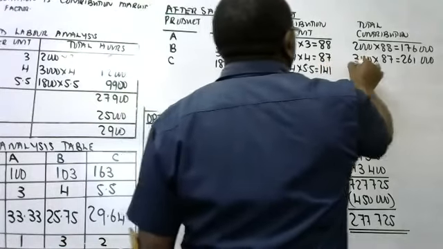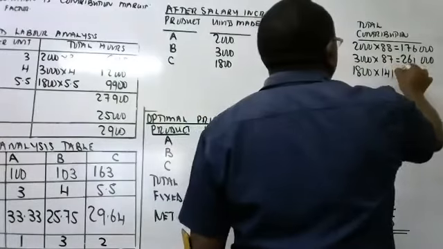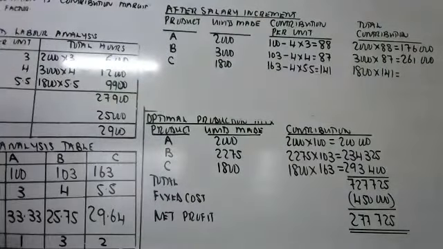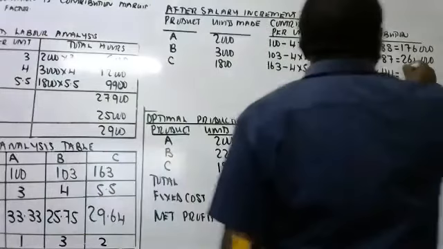So now you say 1,800 times 141, which is $253,800.